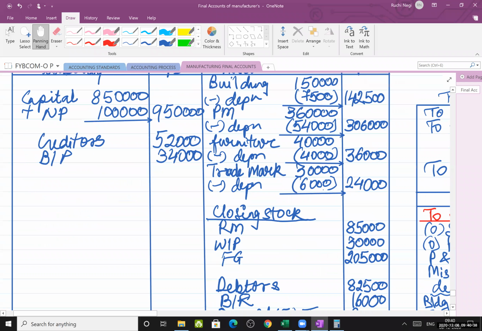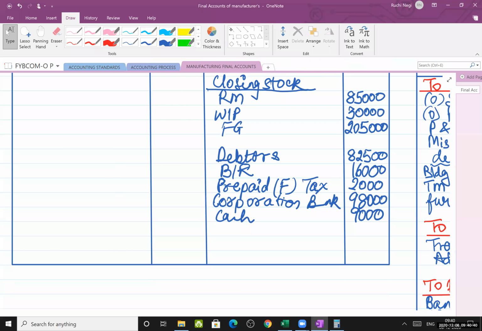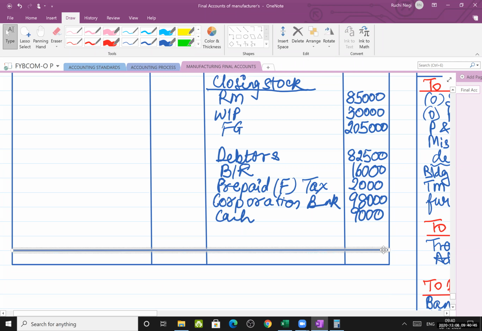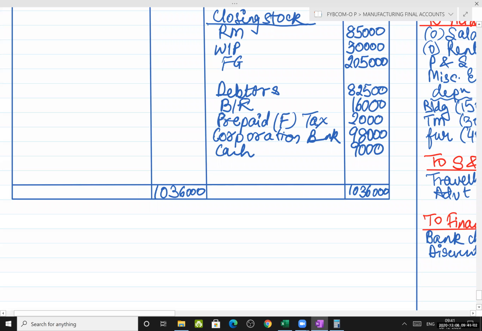And when you tally this, yes, it tallies at 10 lakh 36,000. Okay, that's the tally amount. You can check.